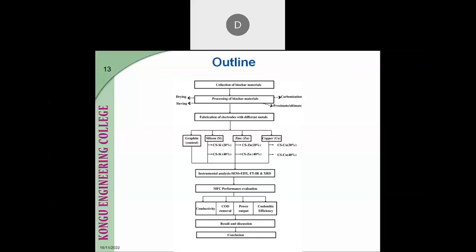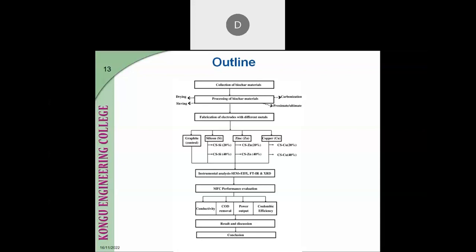We can use the graphite electrode as the control electrode, and we have used silicon. In addition to the coconut shell, we have used 20% of silicon metal. This is the first type of electrode, and the second type is 40% silicon.